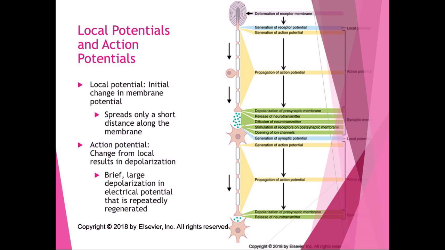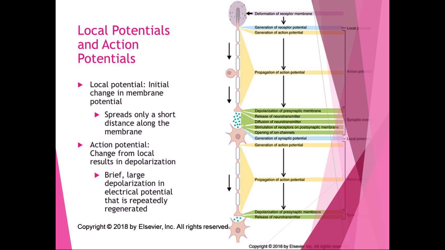So it propagates down the neuron, it depolarizes the presynaptic membrane, it releases neurotransmitter, the neurotransmitter diffuses across the synaptic cleft, it stimulates receptors on the postsynaptic membrane, ion channels open, it generates a synaptic potential.